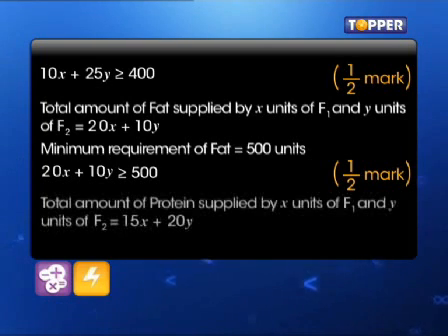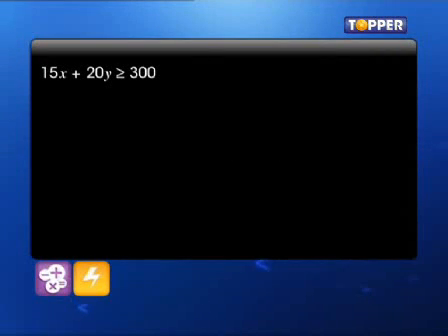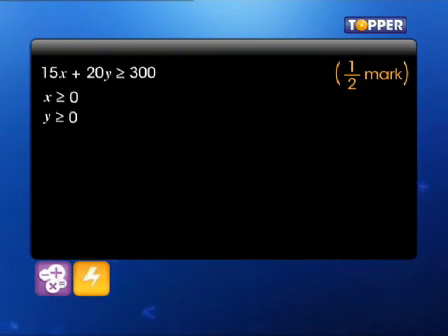Finally, the total amount of protein supplied by X units of food F1 and Y units of food F2 is 15x plus 20y. The minimum requirement of protein is 300 units. Therefore, 15x plus 20y is greater than or equal to 300, which gets you half a mark more. Clearly, x greater than or equal to 0 and y greater than or equal to 0. And a half a mark more for that.